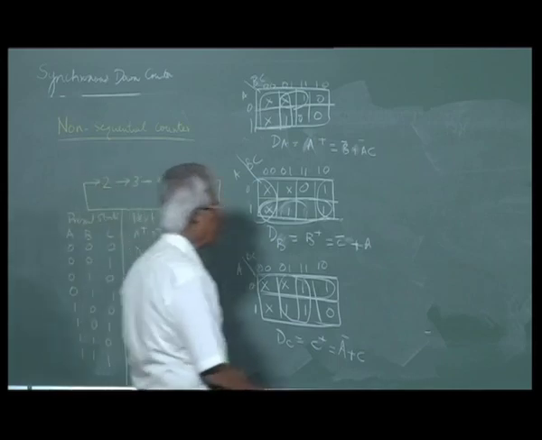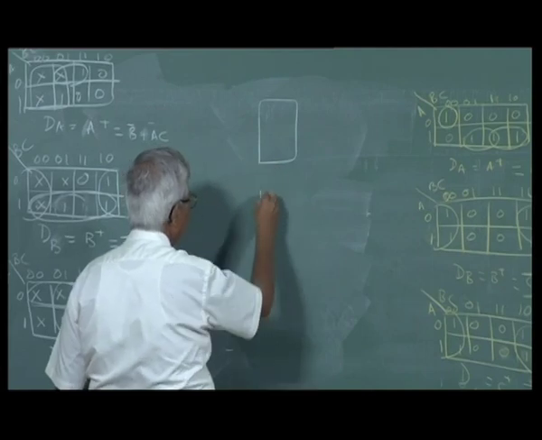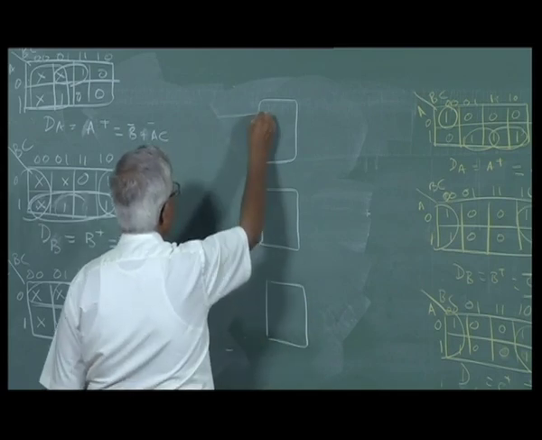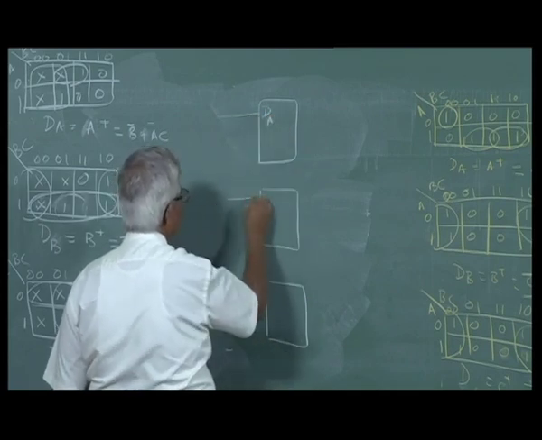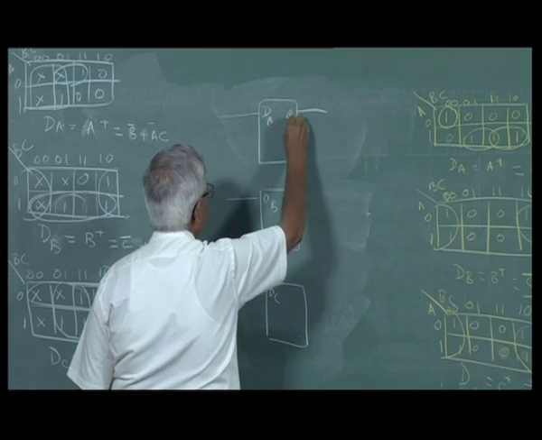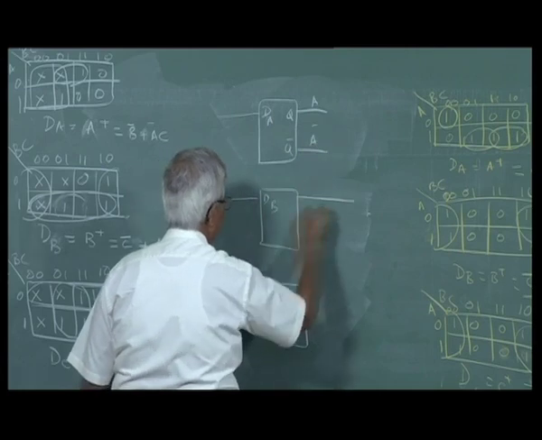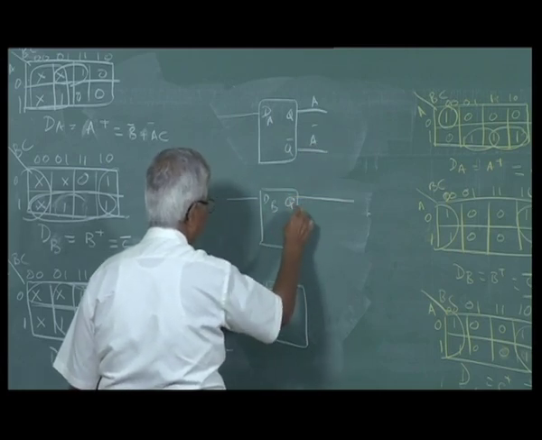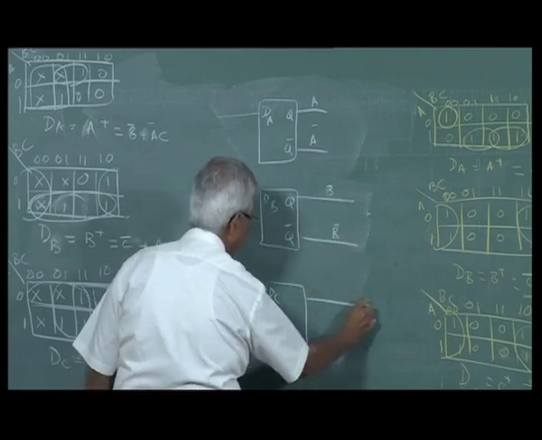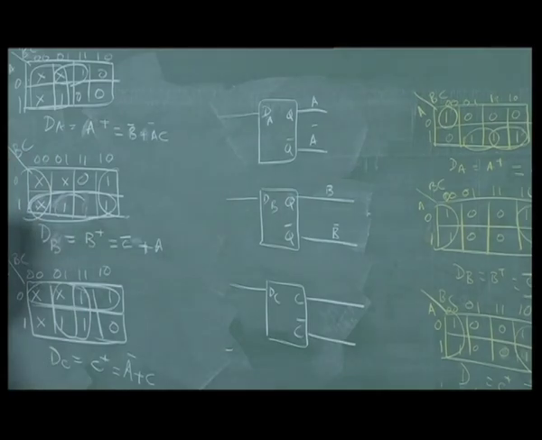So, I need 3 flip flops, DA, DB, DC. This is DA, DB, DC, this is Q bar, I will call this A, A bar, B, B bar, C, C bar, I am sorry.